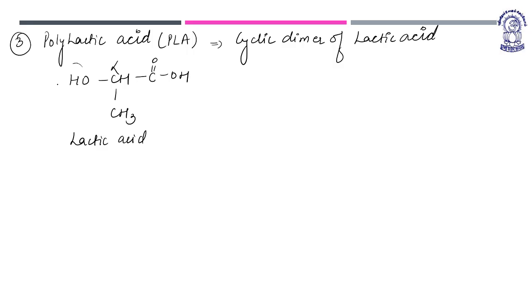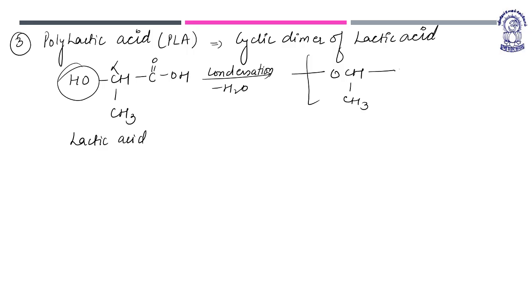This is the alpha carbon having an OH group. It undergoes condensation polymerization, which will help to bind these two ends together, making a cyclic appearance.